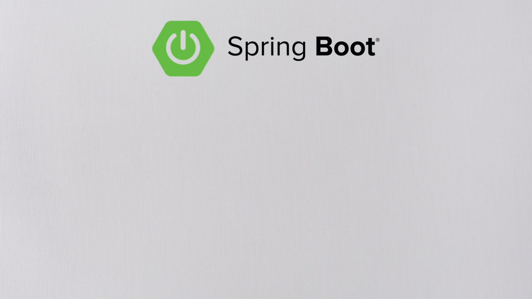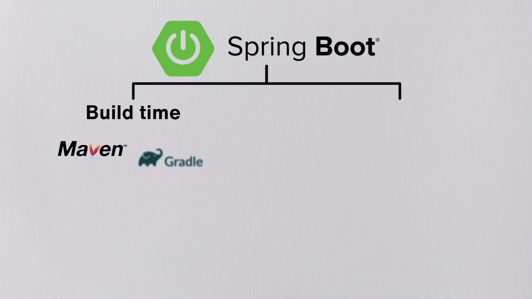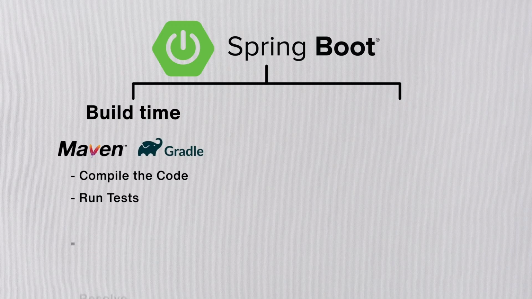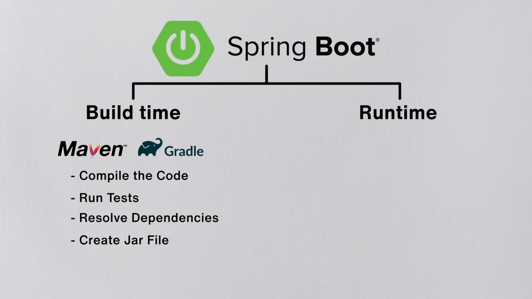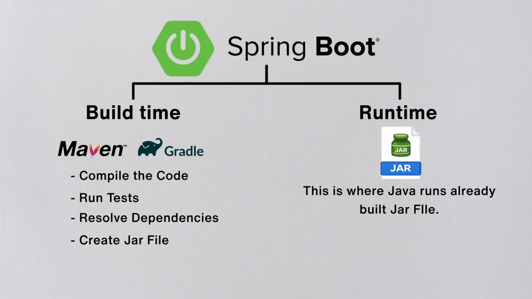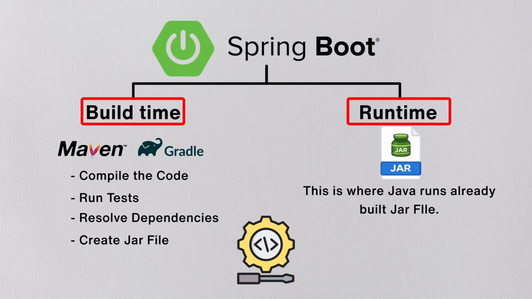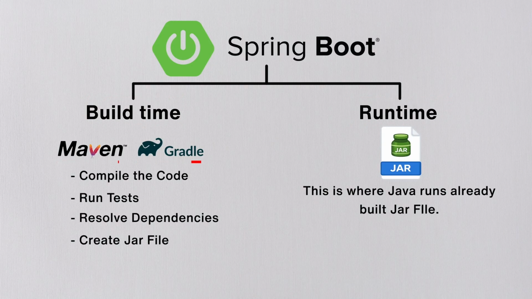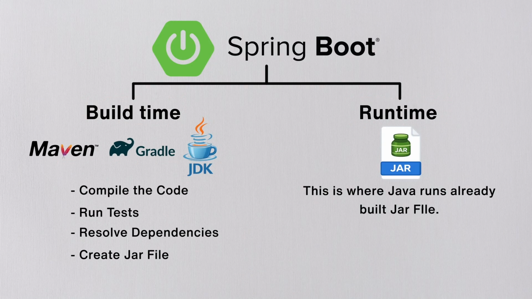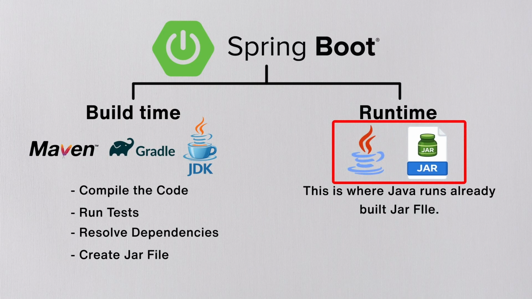A Spring Boot application has two important phases. First, build time. This is where Maven or Gradle compiles the code, runs tests, resolves dependencies, and creates the jar file. Second is runtime. This is where Java runs the already built jar file. These two phases need different tools. At build time, we need Maven or Gradle and a JDK. At runtime, we usually only need a Java runtime and the jar file.